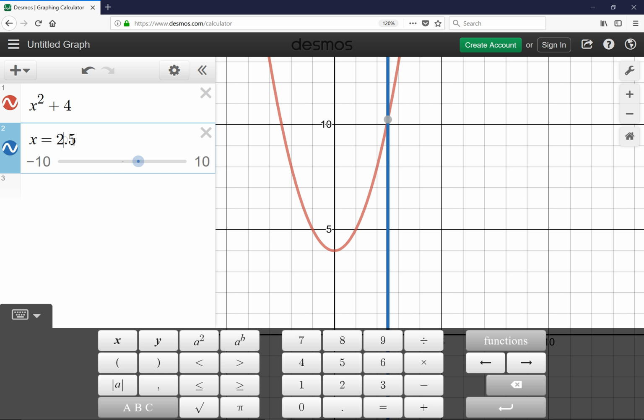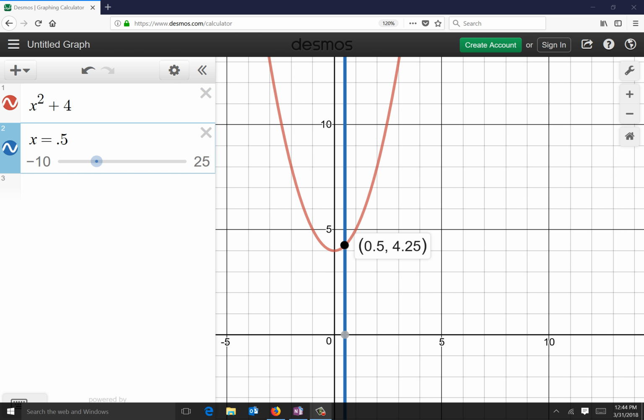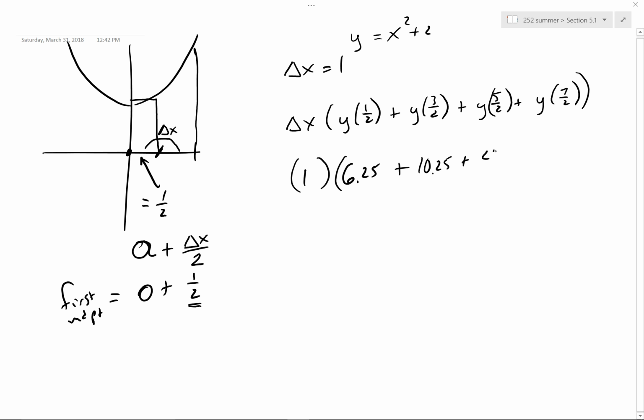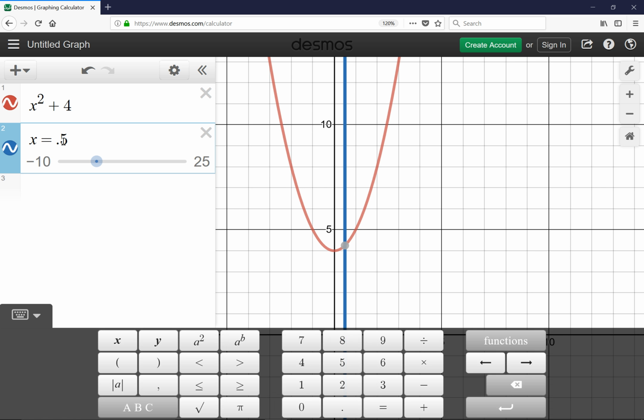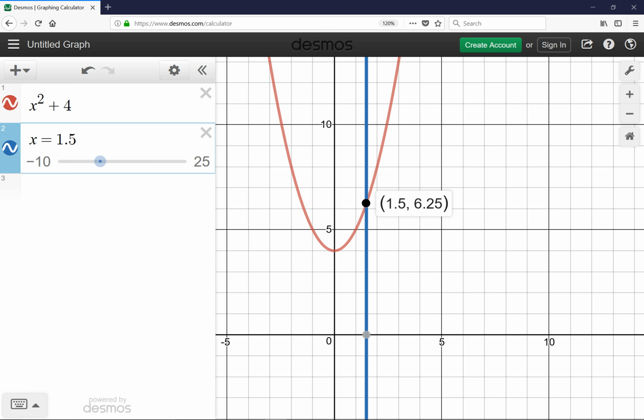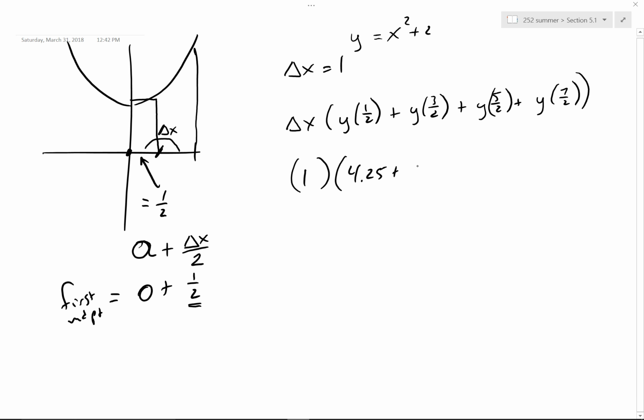I forgot one, didn't I? 4.25. I should do them in the right order. Don't hate me. I better start over. I already messed it up. 6.25 and then 10.25. There we go.